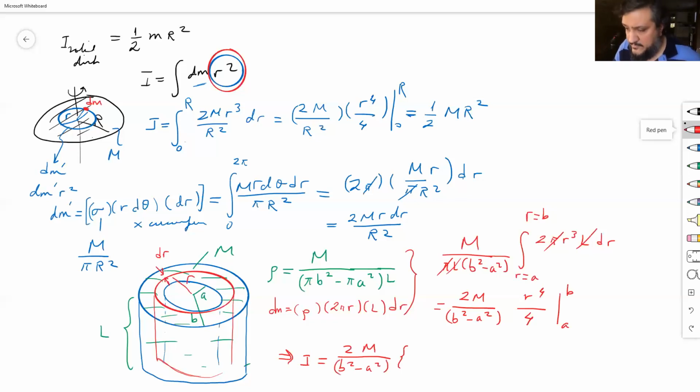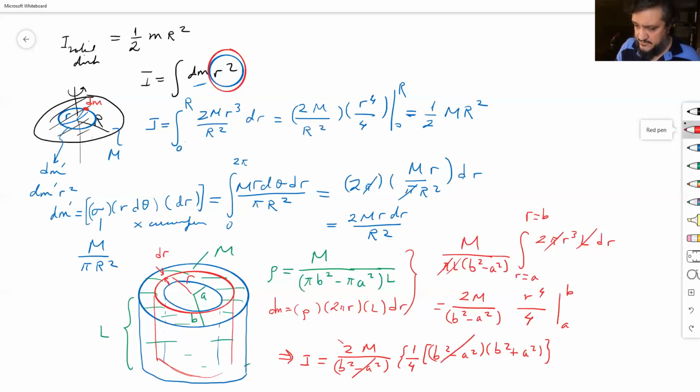Now, 1 over 4, of course, is 1 over 4. Now I need here b to the 4th minus a to the 4th, which can be written as b squared minus a squared times b squared plus a squared. Right? If you multiply those, you get b to the 4th minus a to the 4th, but this cancels this.